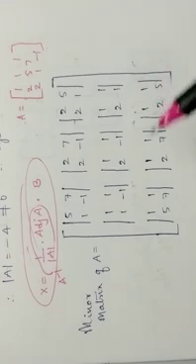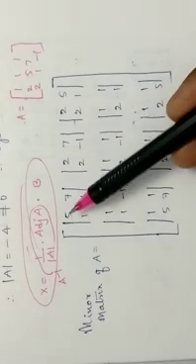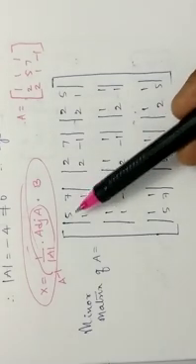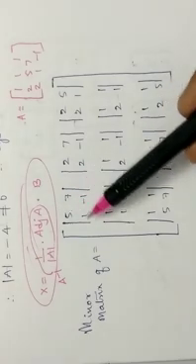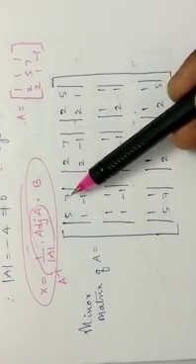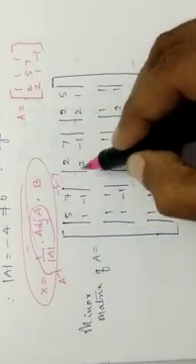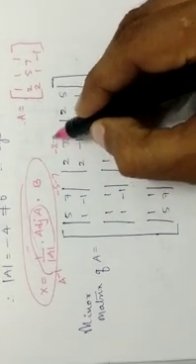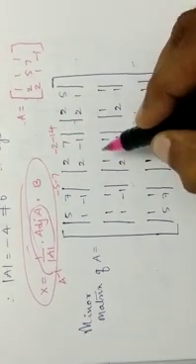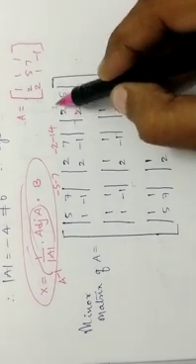Now, find AD minus BC here. AD: 5 into minus 1 is minus 5, minus BC, minus 7. So this is minus 5 minus 7. This is minus 2 minus 14. 2 minus 10.